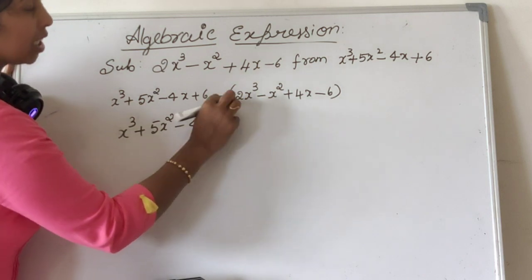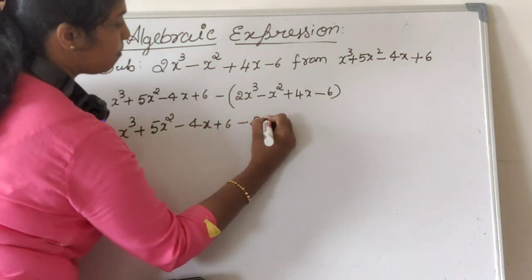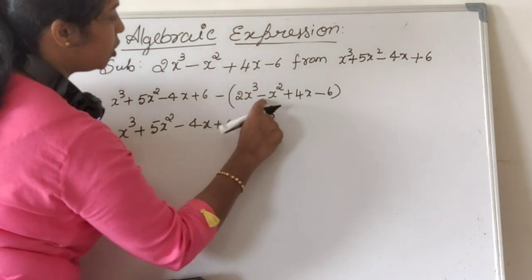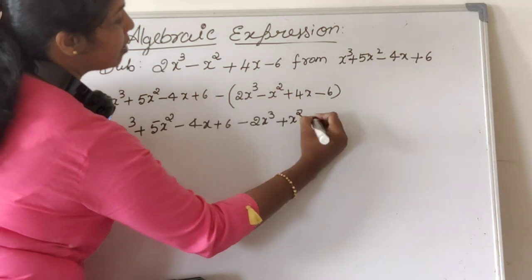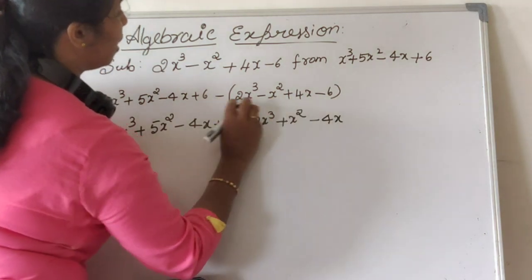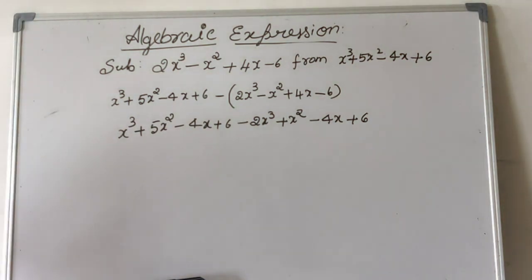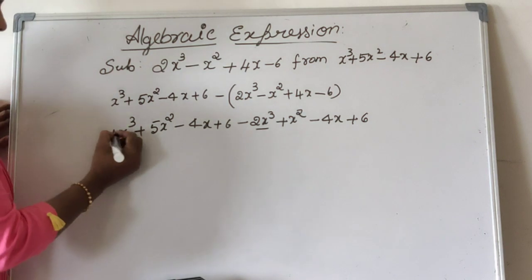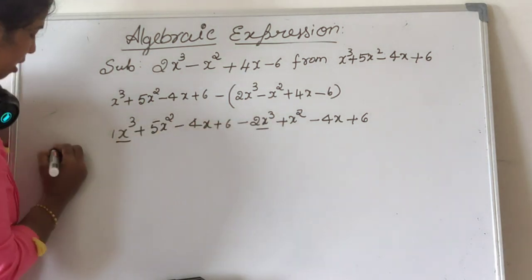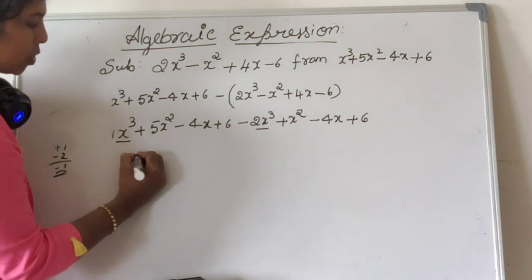Now multiply the sign inside for each and every one. Minus 2x cube, plus in minus into minus; plus x square, minus into plus minus; 4x, minus into minus plus; 6. Now, is there any x cube term? Yes, here 1 minus 2: minus 1x cube.